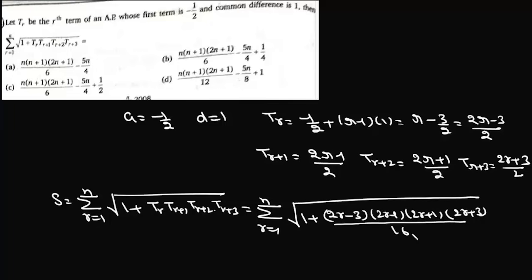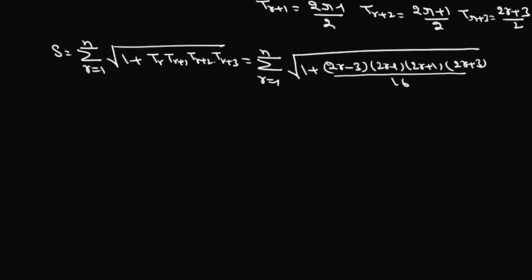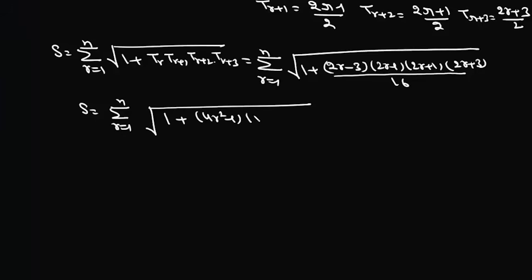Now this is a plus b into a minus b. So we can write this sum as this summation r varies from 1 to n, and it will be under root of 1 plus 4r square minus 1 into 4r square minus 9 whole divided by 16.